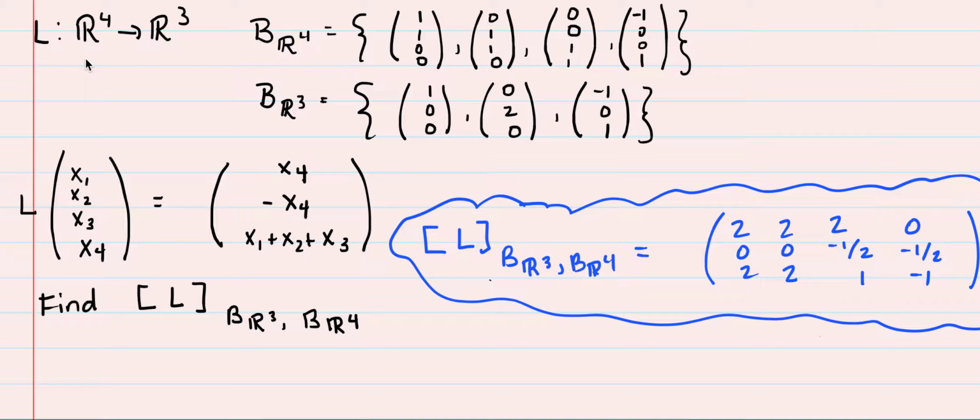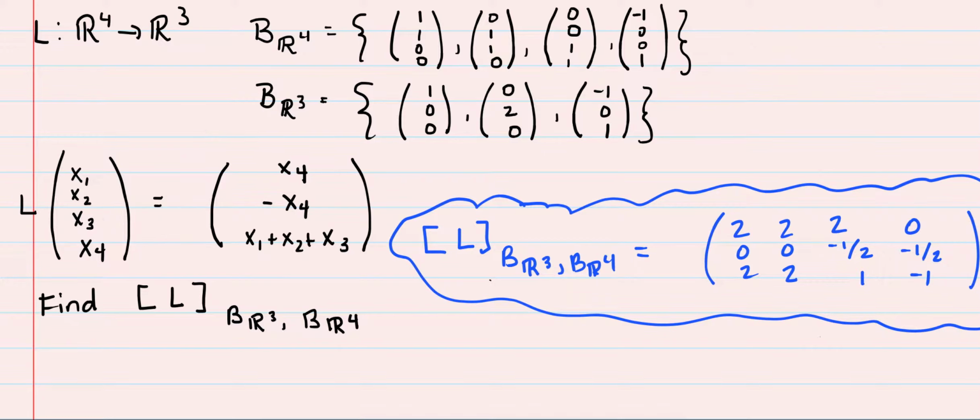We're going to multiply the coefficient matrix of that vector in terms of this basis for R4. If we multiply it by this matrix here, will we get the matrix that's in R3, that's the coefficient matrix for the linear transformation applied to that vector.